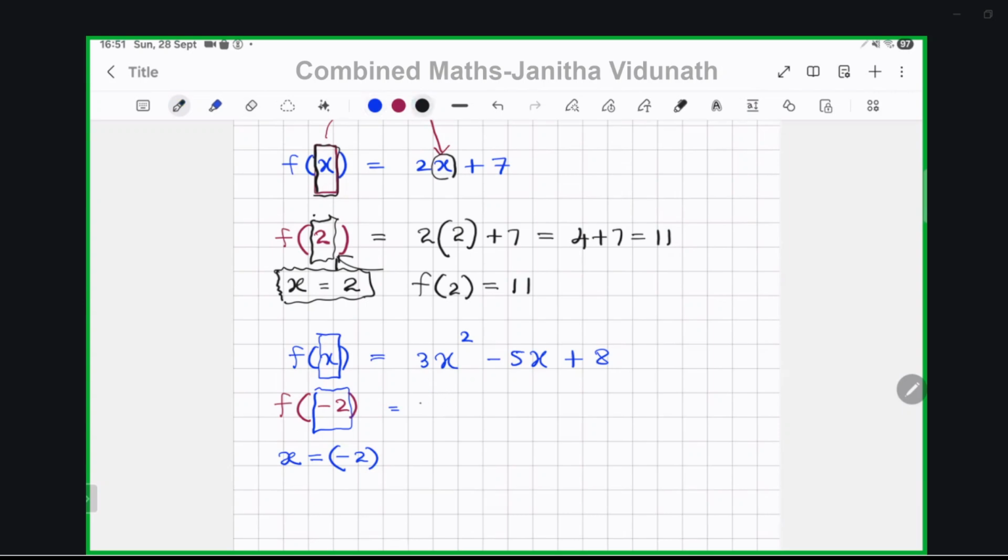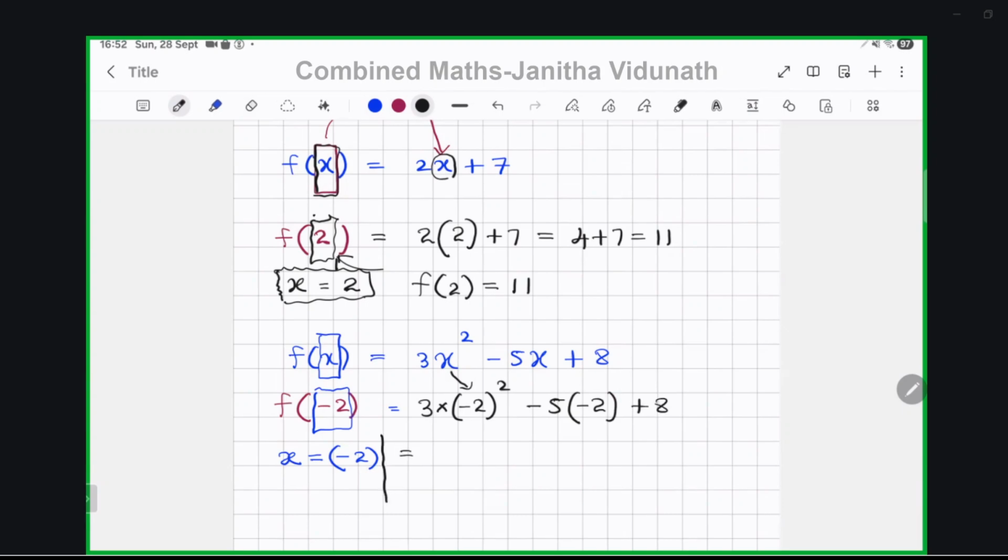Then we need to put minus 2 instead of all the terms with x. That means here 3 times x square, and x square means negative 2 whole square, because x is replaced by minus 2. Then we have minus 5 times the x term, which we replace with negative 2, plus 8. Then we need to simplify this.